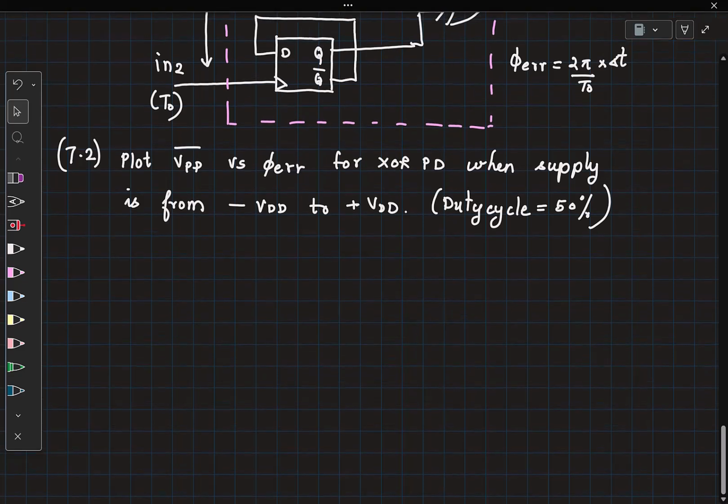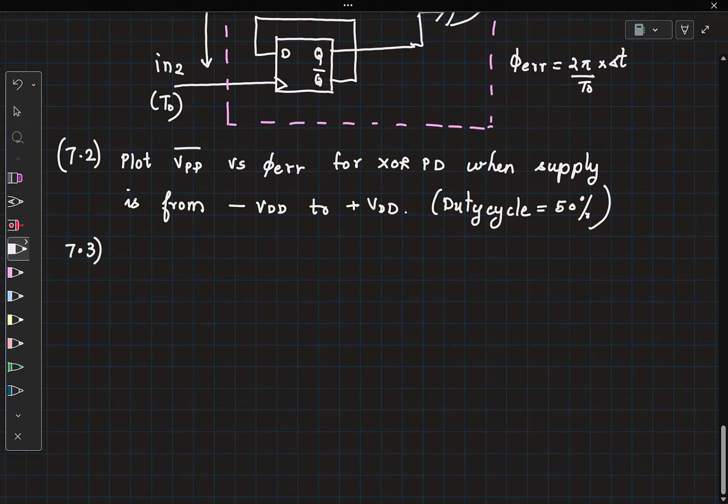One more question. This question we can solve right now. At least I'll give you some hints about it. So you're using an XOR based PD where, let's say, in1 and in2 don't have the same duty cycle. Let's say in1 has a pulse width of T0 by 2, whereas in2 has a pulse width which is lesser than T0 by 2.